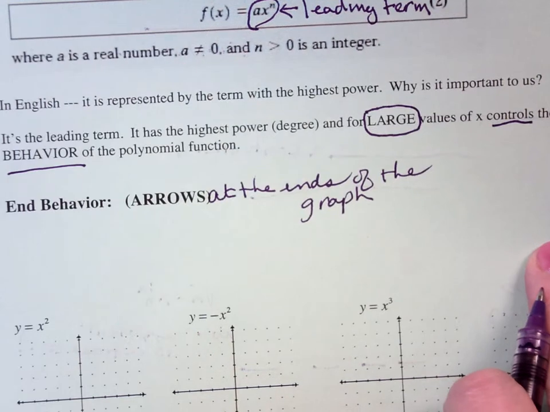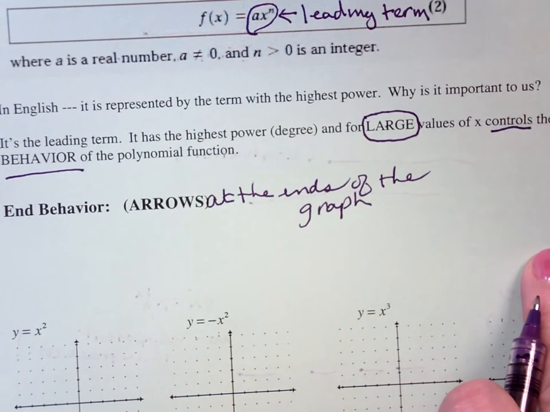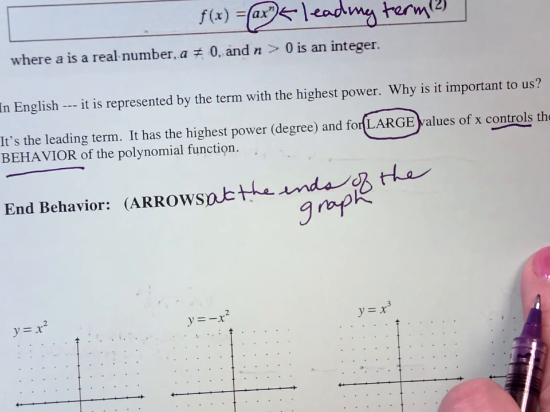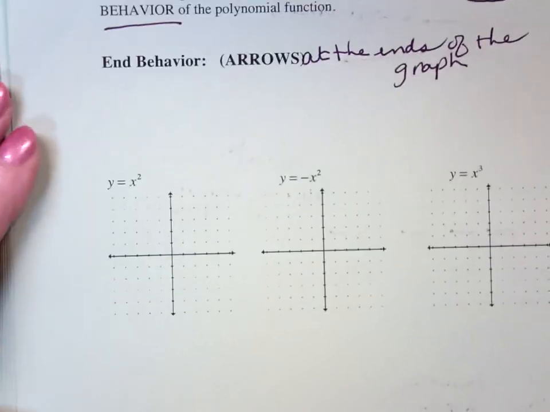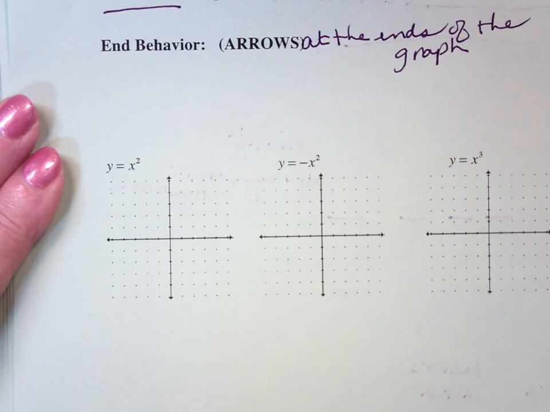Now, in the polynomial world, since you are dealing with just the integers, integers come in flavors, even or odd. Even degrees behave in one manner at the end, and odd degrees behave in a different manner at the end. The representatives of the even and the odd functions are x squared and x cubed.